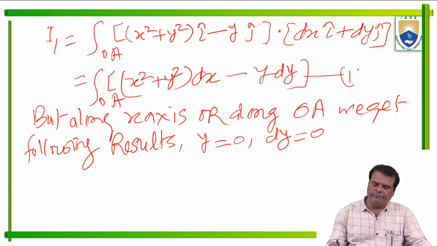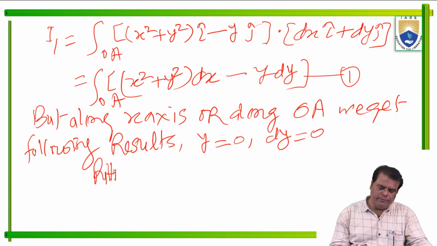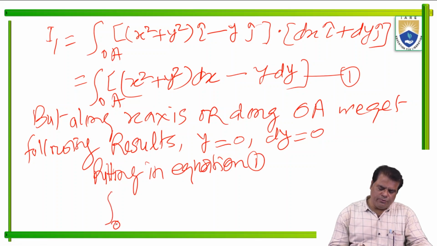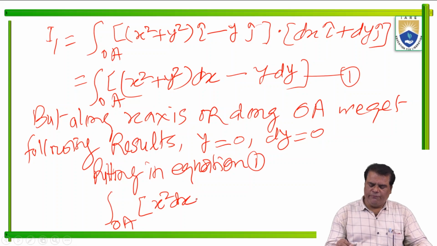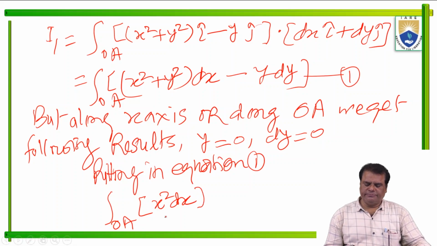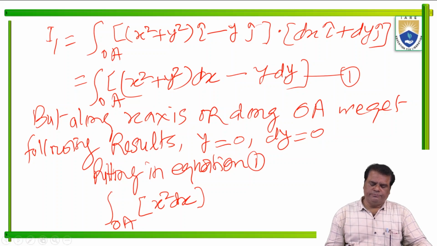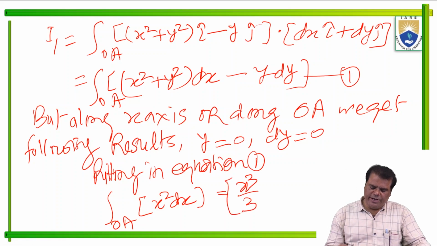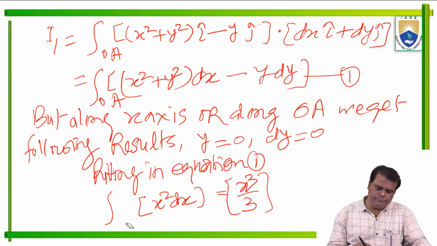Now putting in equation 1, integration over OA, y equal to 0, so x² dx, and since y is 0 and dy is 0, we get only this result, x³/3. Now the limit is 0 to a, since OA means 0 to a.